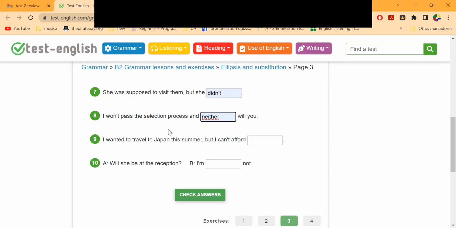Okay, I wanted to travel to Japan this summer, but I can't afford it. Yes, but there is another way. Simplemente it. No, pero hay otra. Ya, creo que esta va a salir mal acá porque yo puse it y hay otra. ¿Puede ser that?